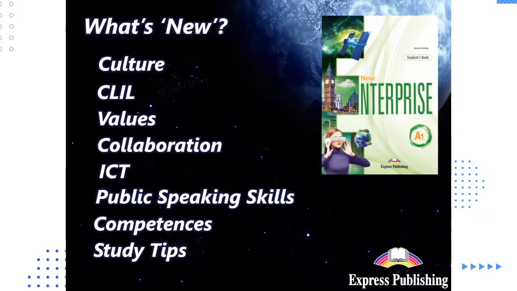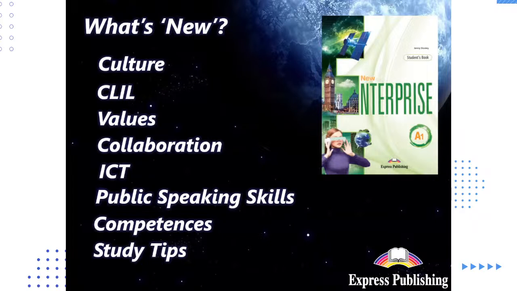We also included values sections that, as we saw in Upstream, allow students in New Enterprise to examine, explore, and discuss a number of different social issues in the classroom and prepare some projects about them.